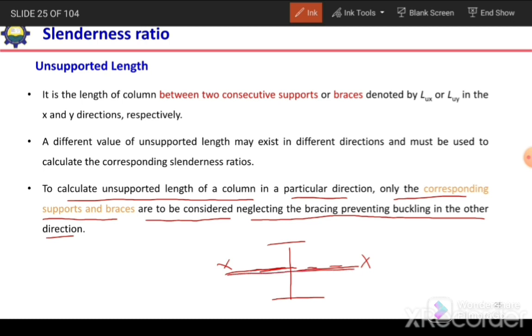Because if we are going to calculate the slenderness ratio about this axis, then we need to consider the bracing in the direction perpendicular to that axis, because this bracing in the perpendicular direction will divide the unsupported length. So then we need to consider the unsupported length from support up to that bracing.